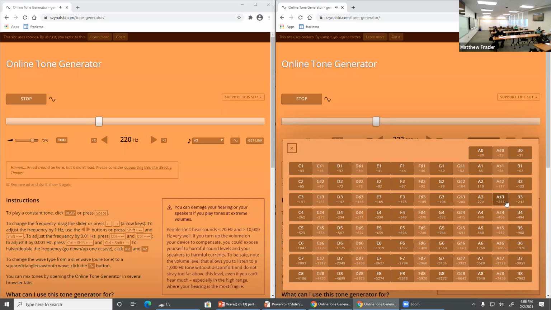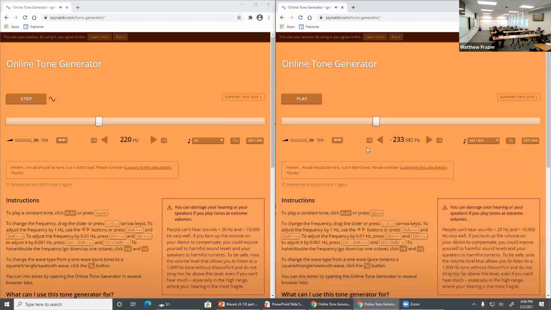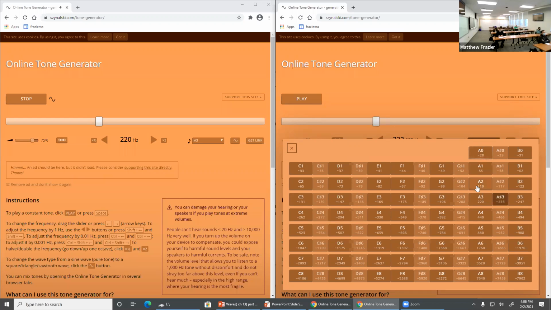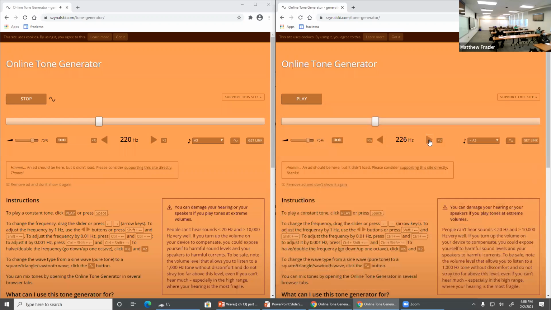And the closer you get to the original note, the worse it sounds. So we're going to stop that one for a minute. Actually, I want this one to be A again. So listen, this is 20 hertz difference. Sounds kind of a little weird.